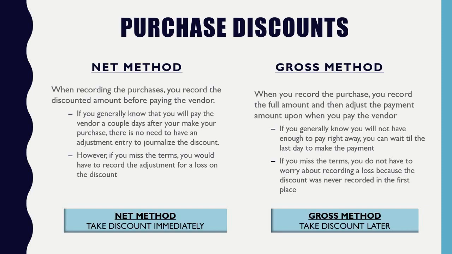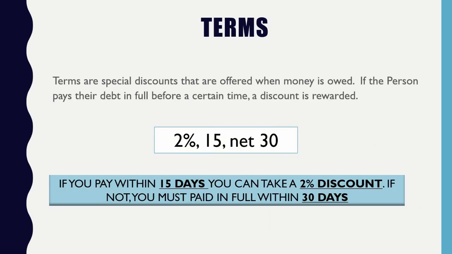So when we talked about terms, now we actually have to look at purchase discounts. There are two methods that you can use when you are dealing with terms. When you are given terms, that means you have the opportunity to pay for the product in order to receive the discount.